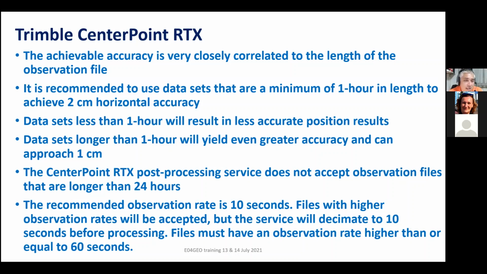Data sets less than 1 hour will result in less accurate position results, or even they are not accepted. Data sets longer than 1 hour will yield even greater accuracy and can approach 1 centimeter. The CenterPoint RTX post-processing service does not accept observation files that are longer than 24 hours, as we saw before.